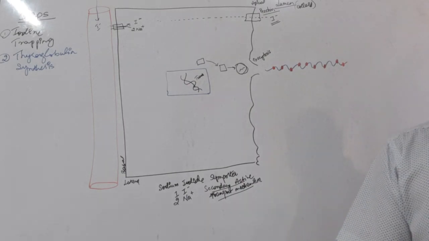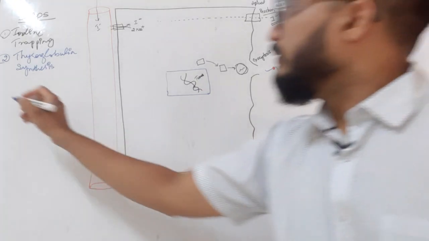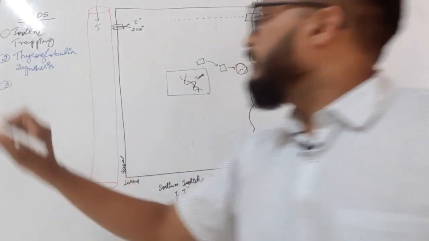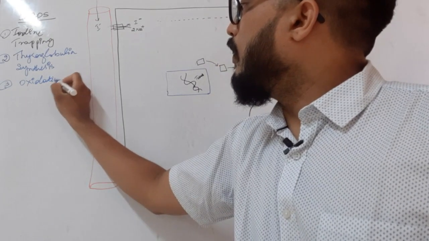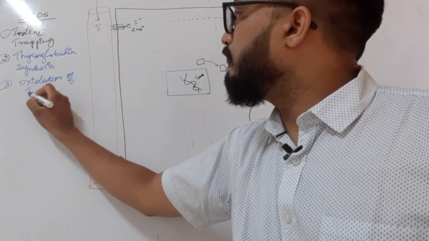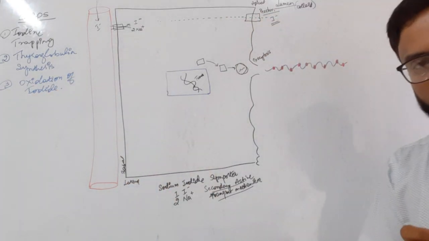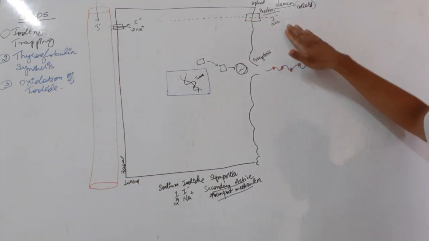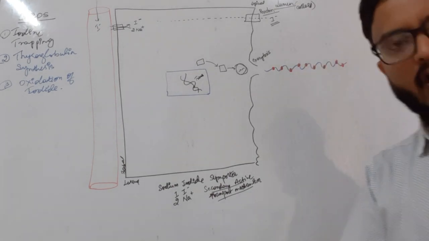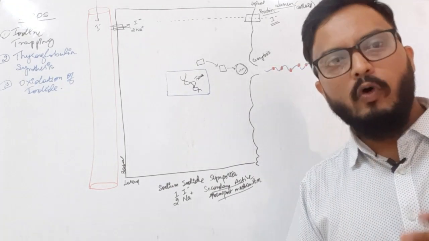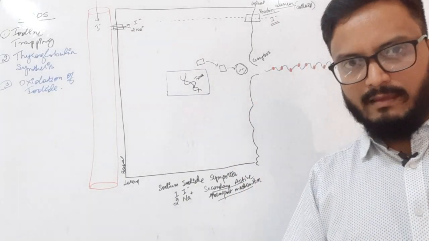The third important step is referred to as oxidation of iodide. The iodide that is present in the lumen has to be oxidized before it attaches to these tyrosyl residues.